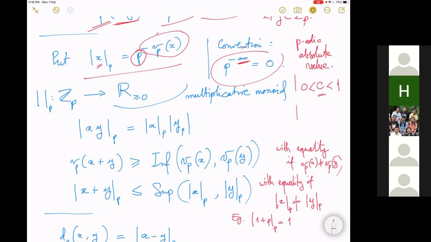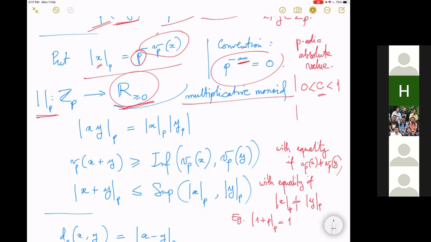So this p-adic absolute value is a map from Zp to the set of positive real numbers. The positive real numbers are also a monoid under multiplication, because you can multiply any two elements of this set and get another element of the same set. That multiplication is associative, and it has a unit, the number 1.